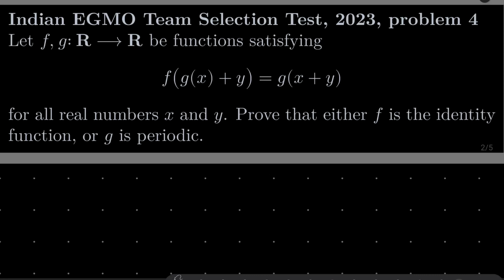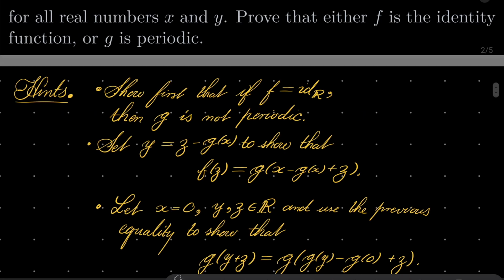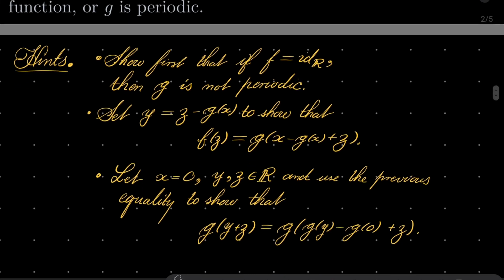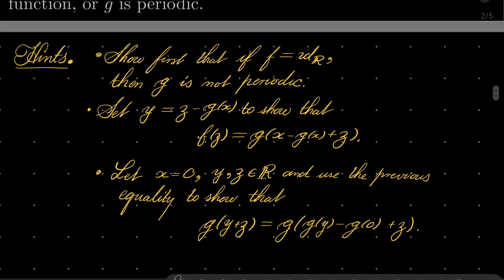So here are my hints. First, show that if our function f is the identity function, then g is not periodic, which shows that both options cannot be true at the same time. And then, going back to our equation, first set y to be z minus g(x), where z is any real number, to show that f(z) equals g(x) minus g(x + z).